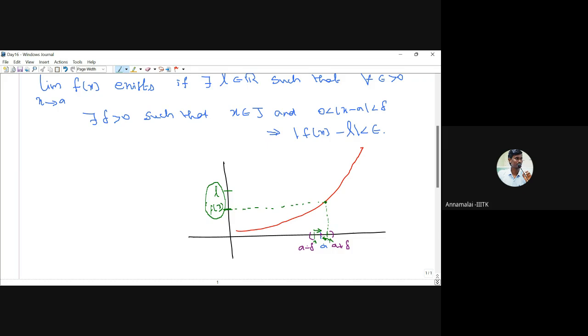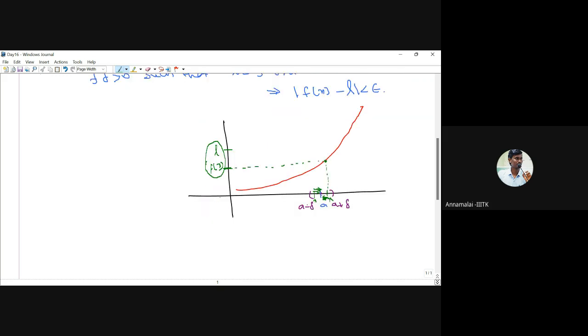Whenever the distance between x and a is less than delta. Less than delta means very small. Suppose x approaches a either from the right hand side or from the left hand side, then f(x) approaches L. That is actually the meaning.